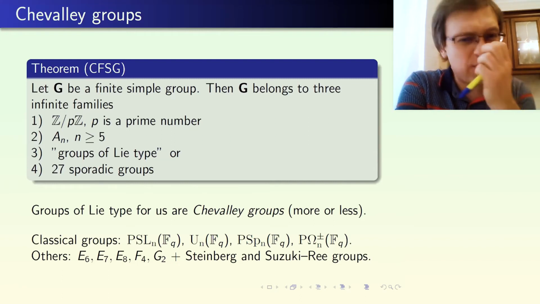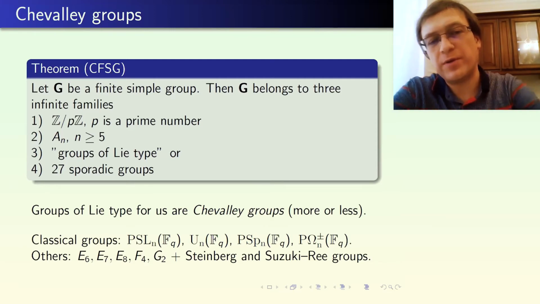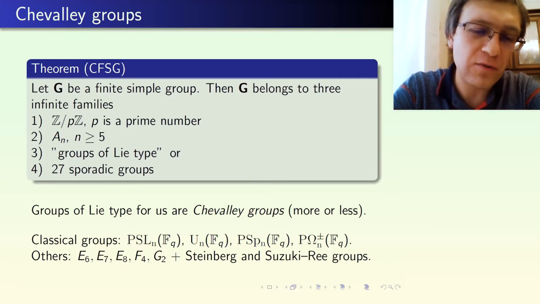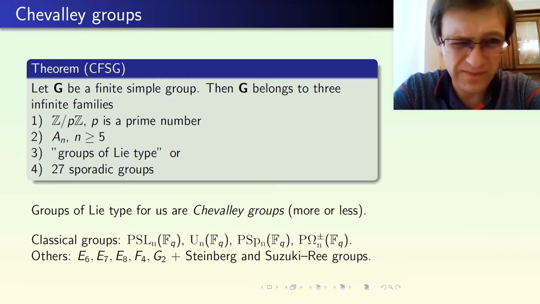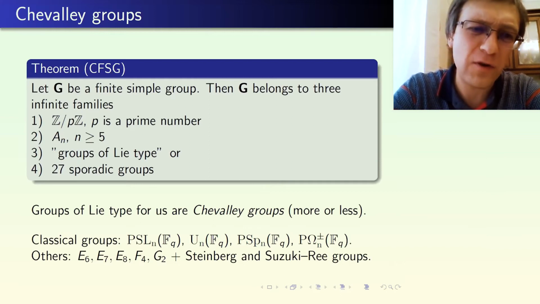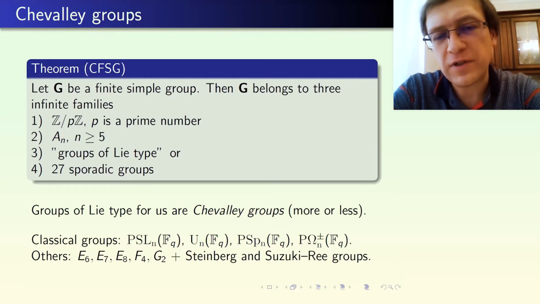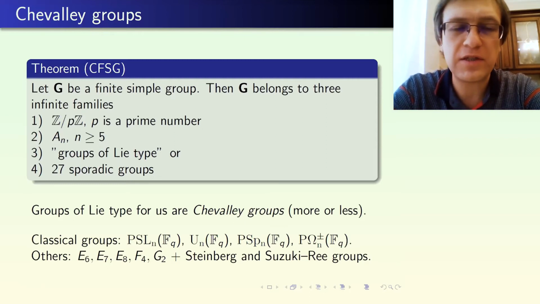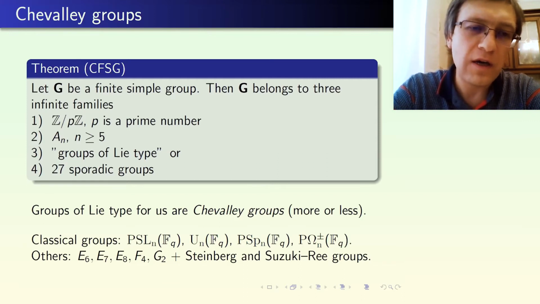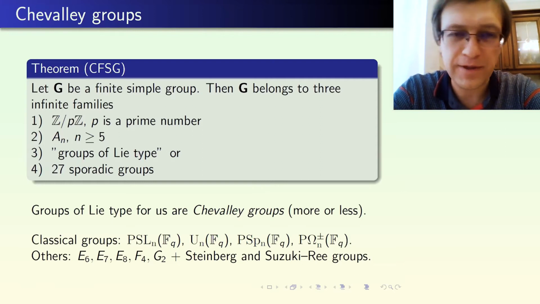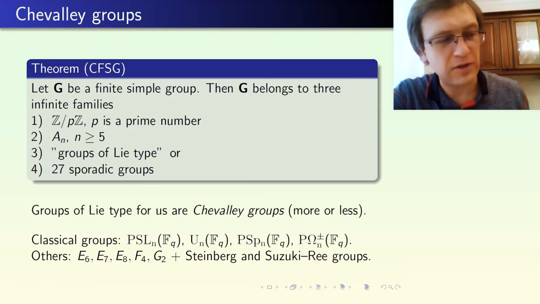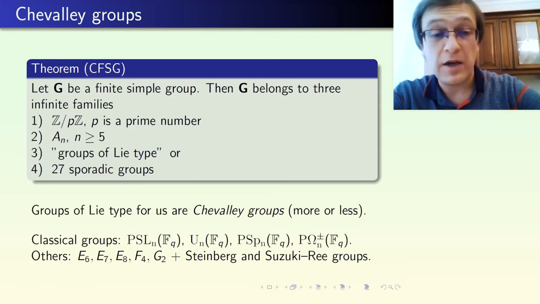For us, groups of Lie type are more or less Chevalley groups. It's more or less the object of our talk. Of course, formally, not every Chevalley group is a simple group, and not every group of Lie type is a Chevalley group, but nevertheless, it's not really important.